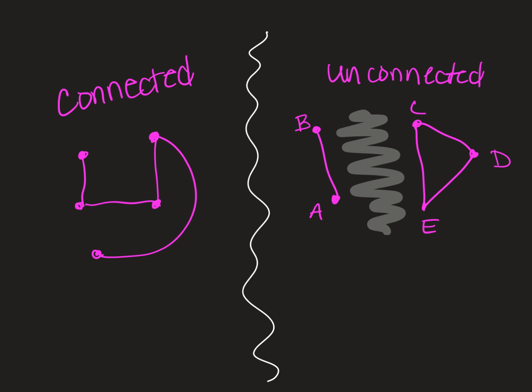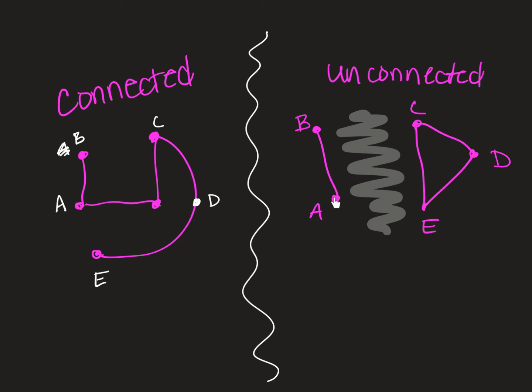Also going to be useful later is making sure we know what a connected graph is versus an unconnected graph. So let's say that these are A, B, C, D, E, whatever. They're similar graphs, doesn't matter. This is connected because I can get from any node to any other node.